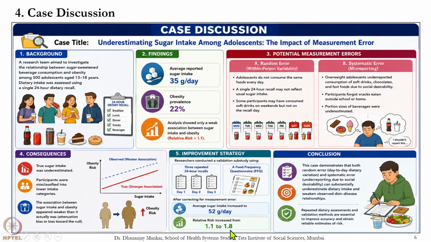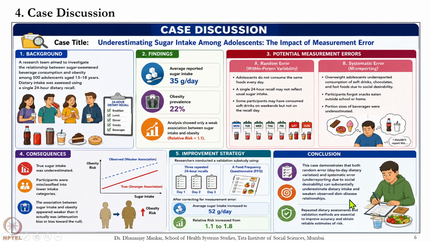So what is the conclusion of this case study? This case demonstrates that both random error, day-to-day dietary variation, and systematic error, underreporting due to social desirability, can substantially underestimate the dietary intake and weaken the observed diet-disease relationship. So here also there was error, and here also there was error. So what do we need to do?